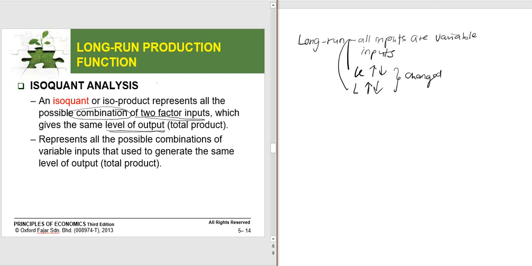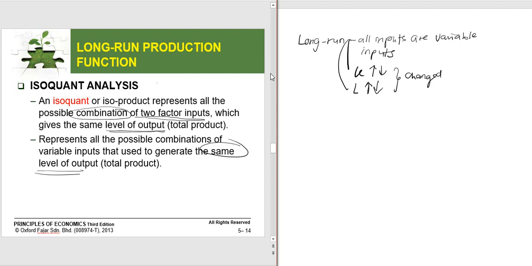The indifference curve represents the combination of two products, product A or product B, that a consumer can consume to get the same level of satisfaction. Same concept for the isoquant here. The isoquant curve represents two inputs, capital and labor, that a producer can use to get the same amount of output in their production.